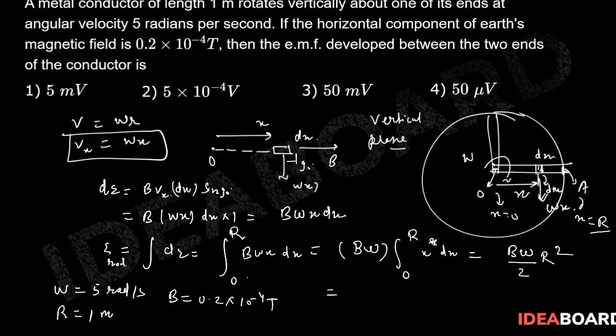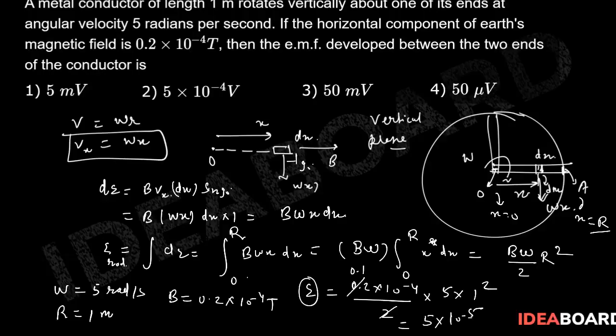If you substitute the values, E total will be equal to 0.2 into 10 to the power minus 4 by 2, into omega which is 5, into r which is 1, so 1 square. This will give you 0.1, so finally 5 into 10 to the power minus 5 volts, which can be written as 50 microvolts, right?